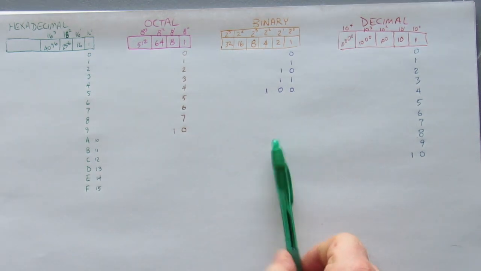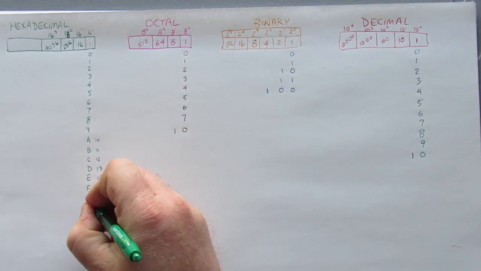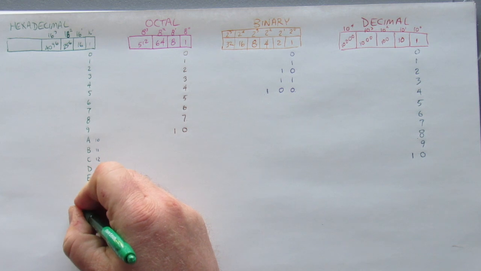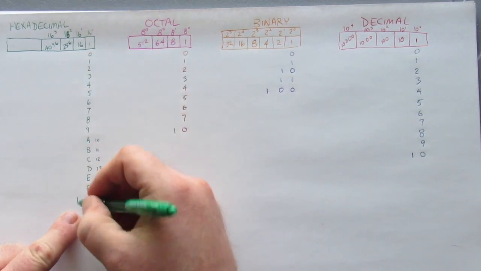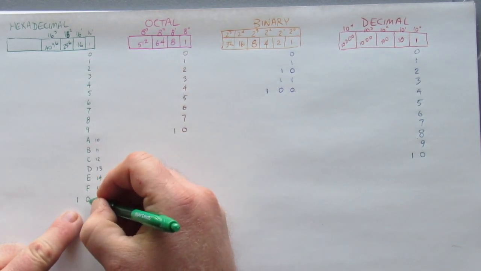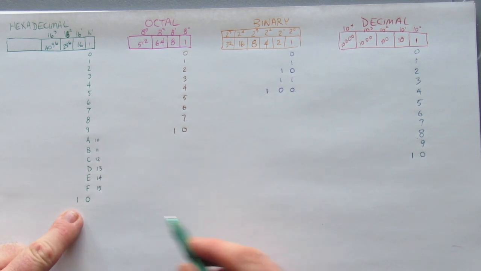And now you have to start over with the 0 and push a 1 into the next column. So 1 times 16 is 16 plus 0. 10 in hexadecimal is worth 16 in the decimal system.